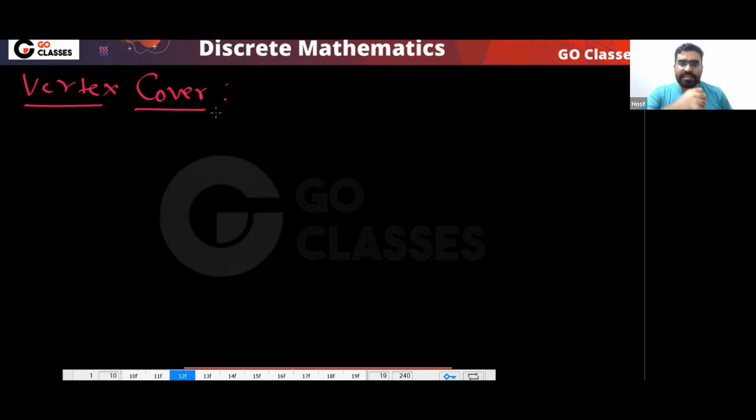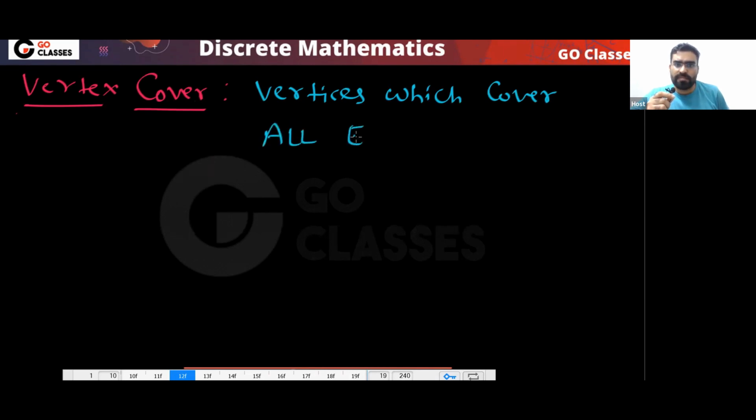See, the name is vertex cover, but it means vertices which will cover edges. Here actually we cover edges. Let me tell you, here we have vertices which cover all edges. They should cover all the edges.